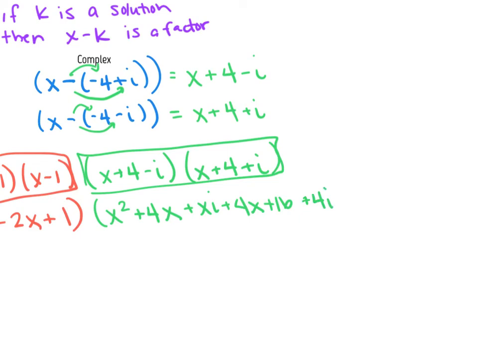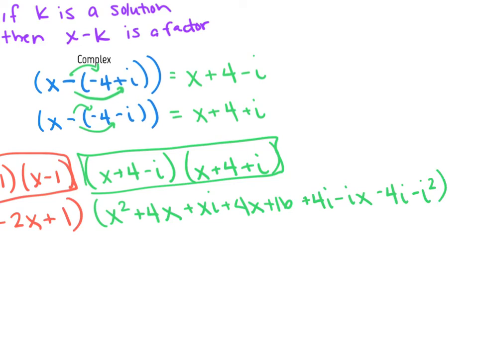Negative i times x, negative ix. Negative i times 4, negative 4i. Negative i times a positive i. And remember, i times i is i squared. So what you have here is a negative i squared.